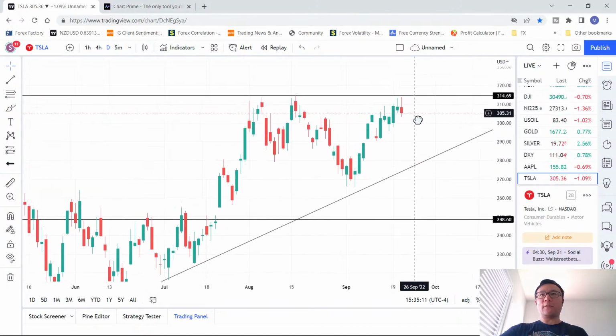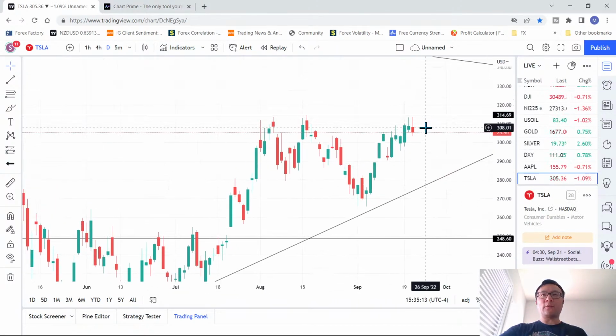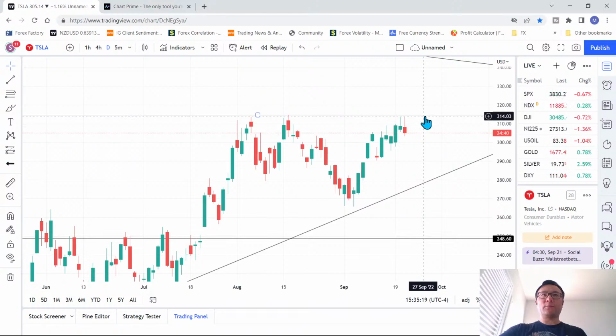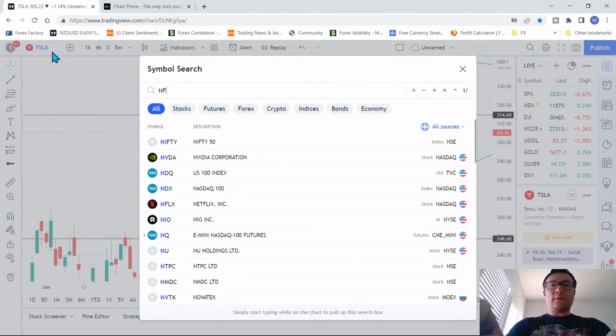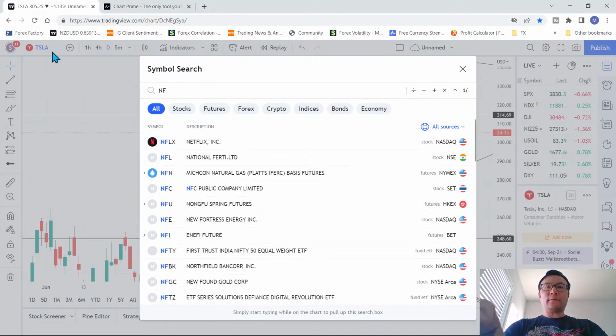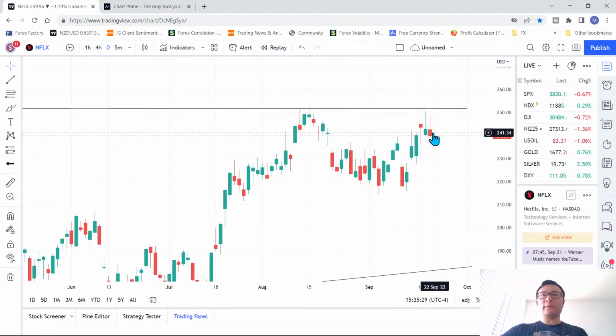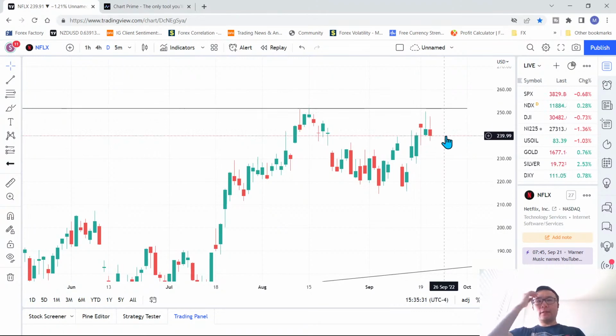It's turned negative. It didn't trigger our price yet, which is good. Hopefully the market turns positive. If it turns positive, there's a chance that this price can break through here and go higher. Same thing for Netflix as well. There you go, it didn't break this line, now heading lower.